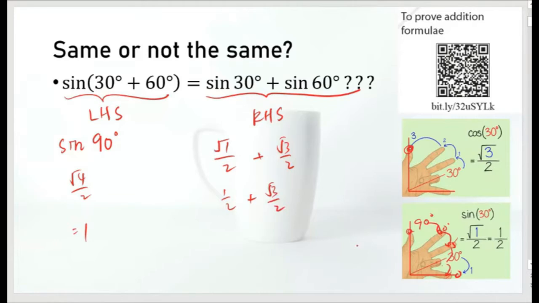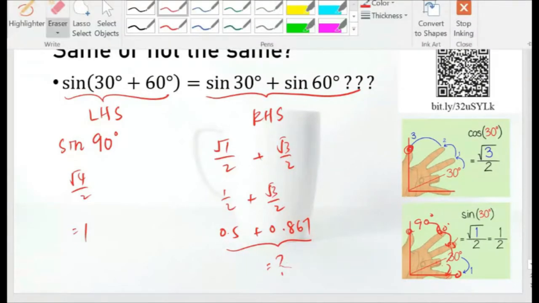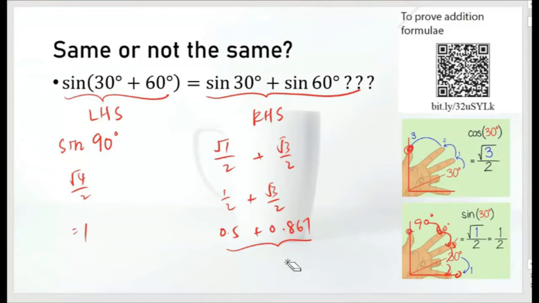You use your calculator to print, and you will get 0.5 plus 0.866, like this, 0.867. So is it equal to 1? No, not 1, right?